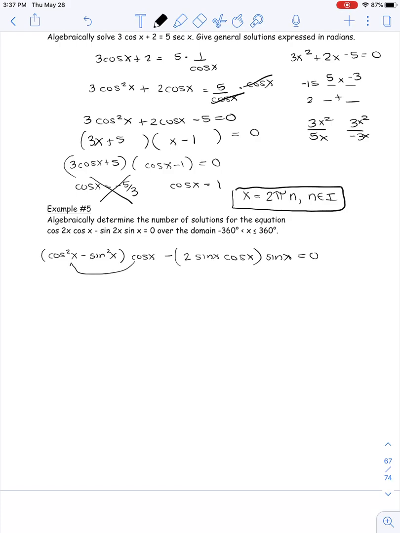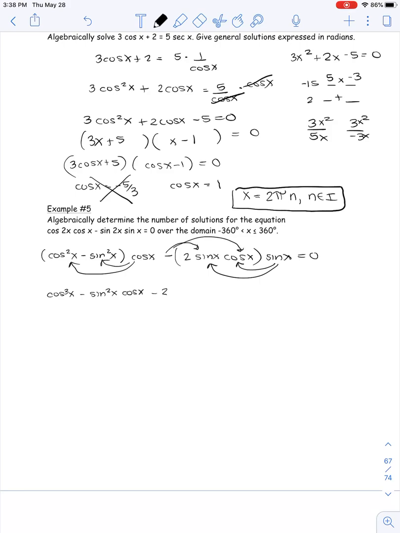Next, I'm going to distribute this cos into the brackets and then the sine into the brackets. And then the negative will also go into the brackets so that I get rid of the brackets.